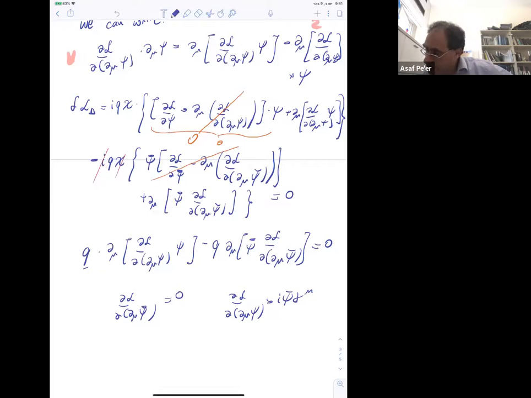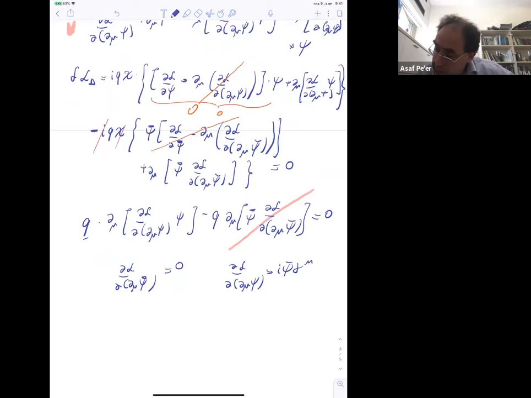So this one goes to 0 because dL over d mu psi bar is equal to 0. And what we are left with, Q i can take inside the derivative. So we have d mu Q i psi bar gamma mu psi is equal to 0.